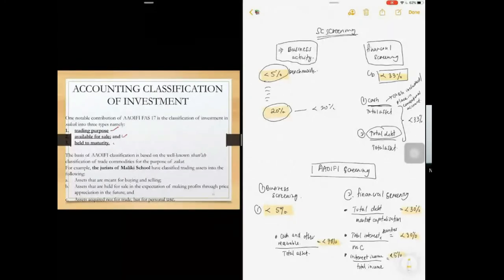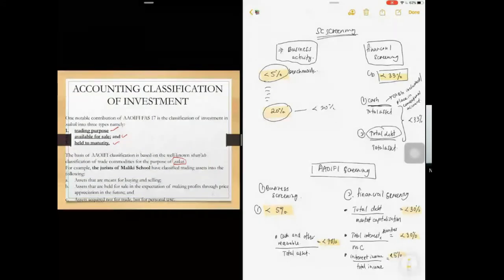So ini adalah dia punya terms lah kan. So the basis of IOP classification ni is based on a well-known Sharia classification of trade commodities for the purpose of zakat. Okay, untuk IOP classification dia cakap orang invest in the business tu adalah untuk zakat, the main purpose.